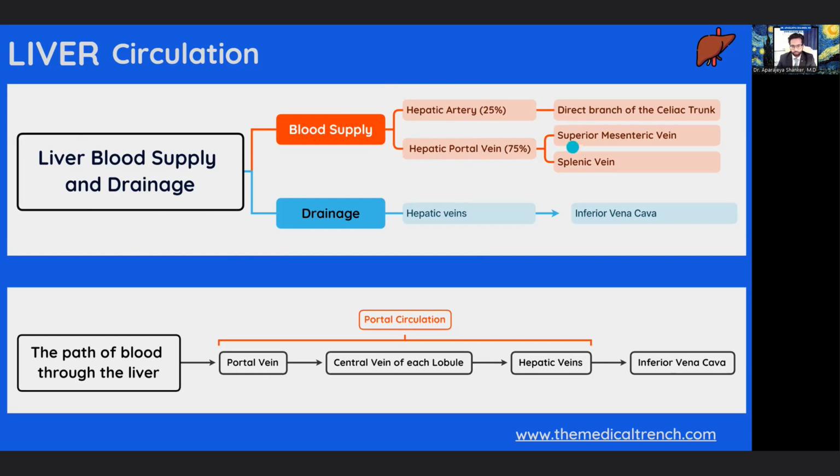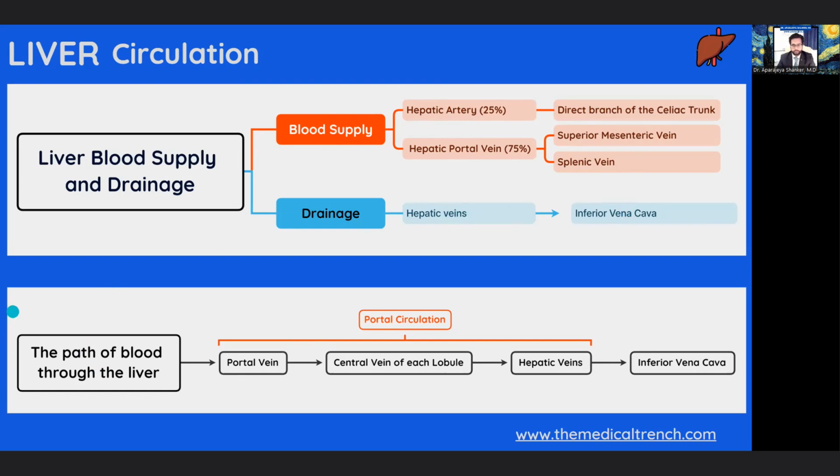The hepatic portal vein is fed by the superior mesenteric vein and the splenic vein, which come together to form it. 25% of the blood volume that goes through the liver comes from the hepatic artery. The drainage is done by the hepatic veins, which drain into the inferior vena cava.